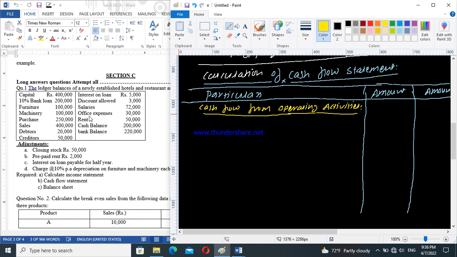Therefore, all the accounting information is an increasing trend. You need to assume this for calculation of the cash flow statement. So now, cash collection from consumer.